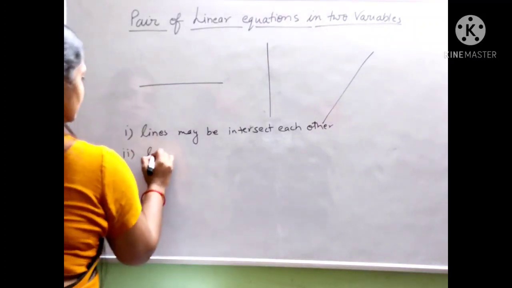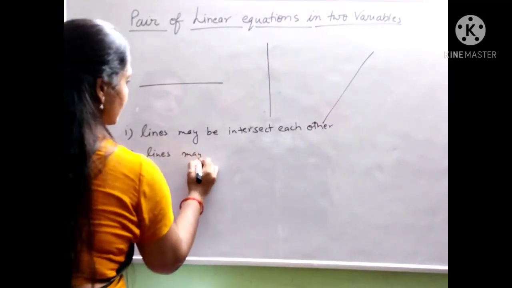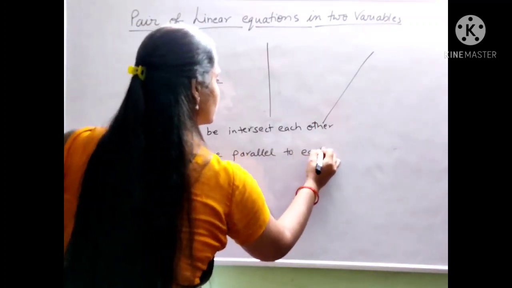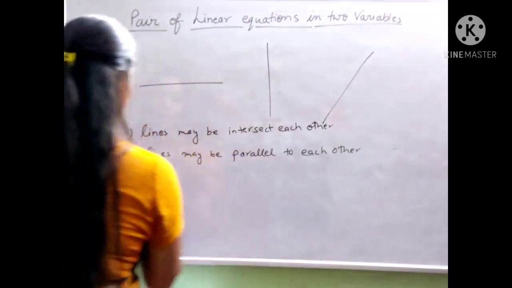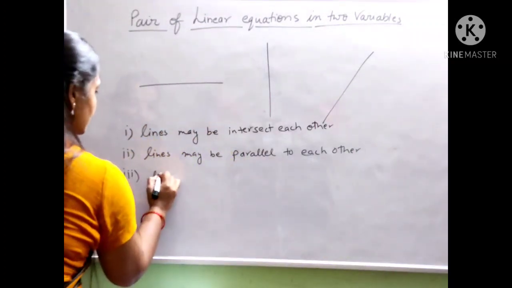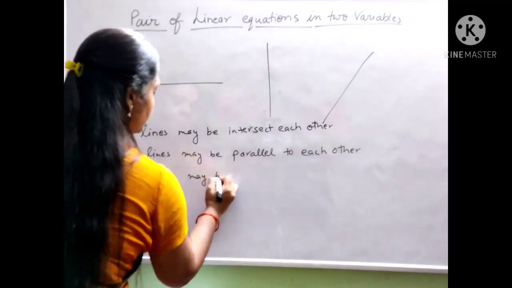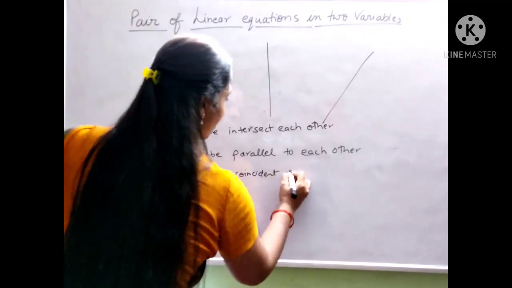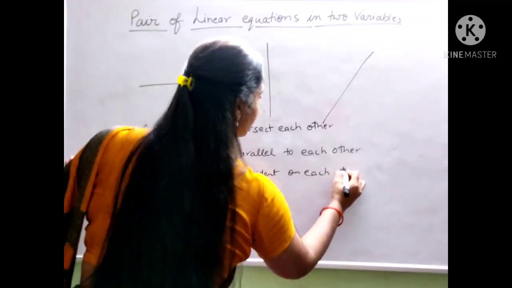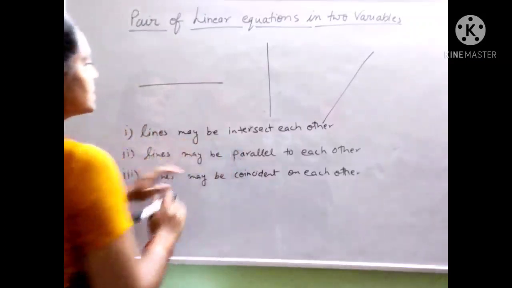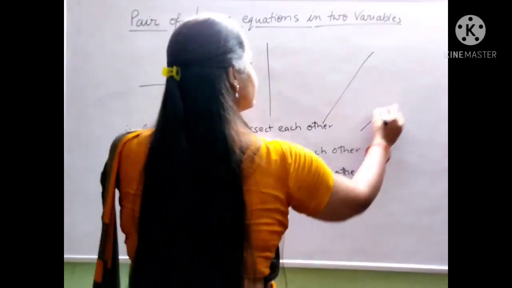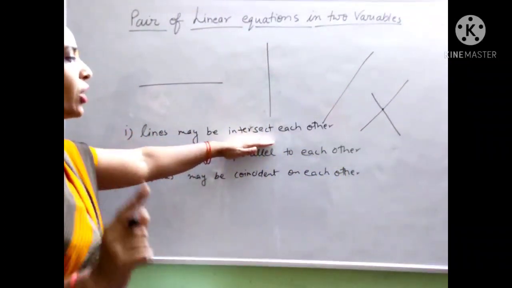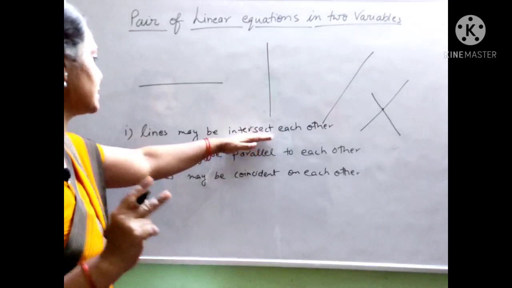Second possibility is lines may be parallel to each other, and third possibility is lines may be coincident on each other. If the lines are intersecting, it means the lines meet at only one point. There is only one common point between two intersecting lines.